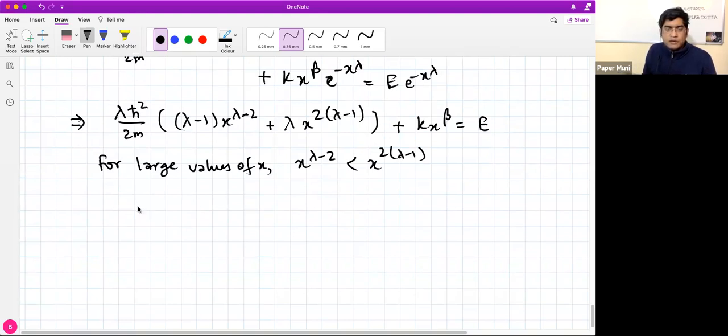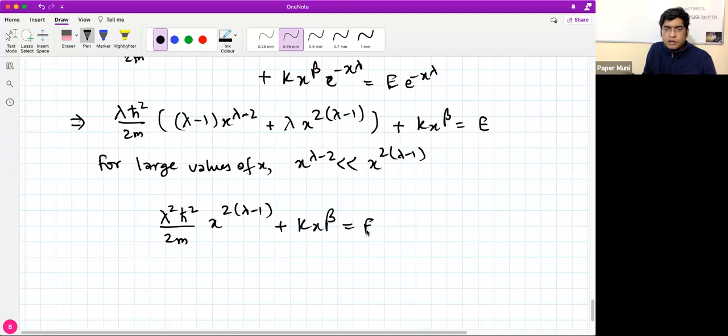What we are left with is λ² ħ²/2m x^(2λ-2), and then plus k x^β is equal to E.